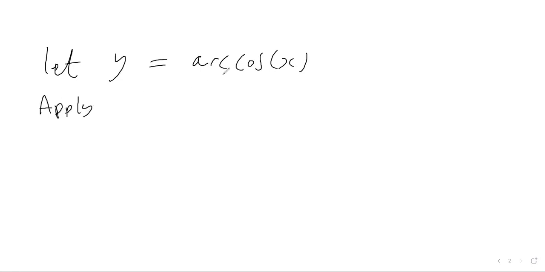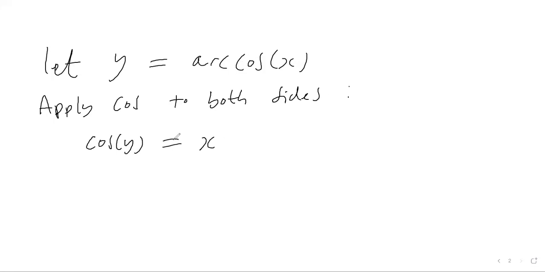The inverse of the arccos function is just the cos function, so applying cos to both sides gets rid of the arccos on the right side. We get cos of y equals x.